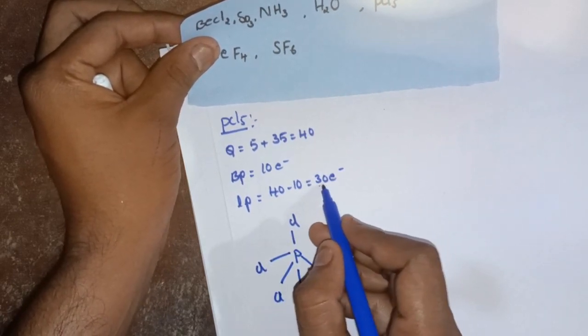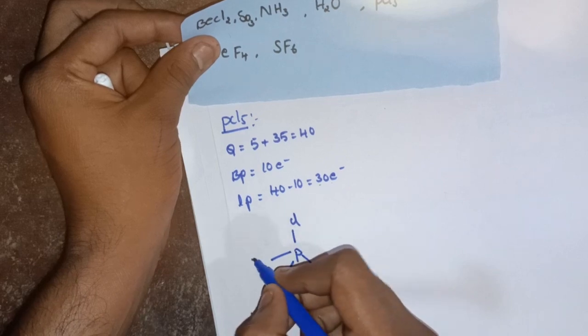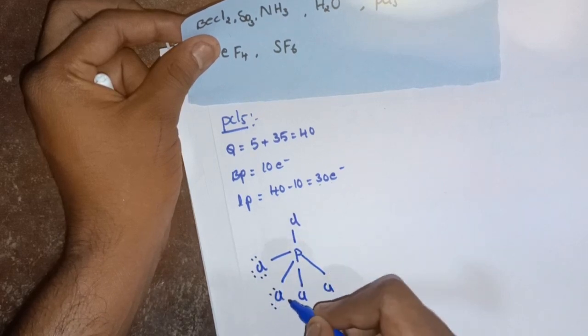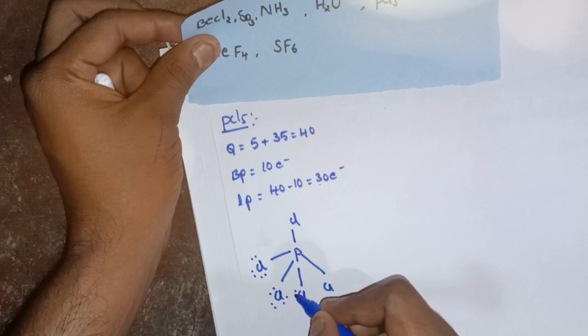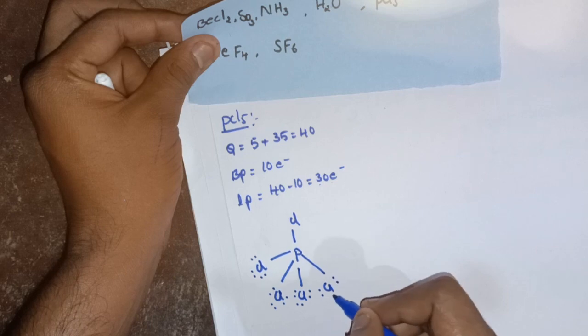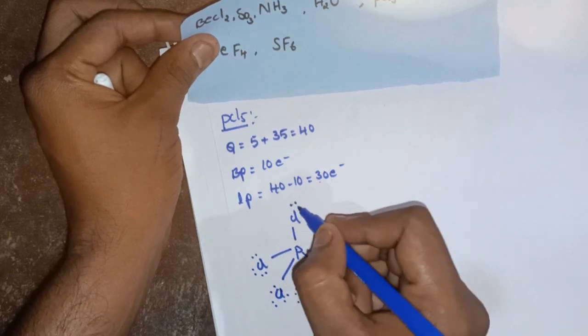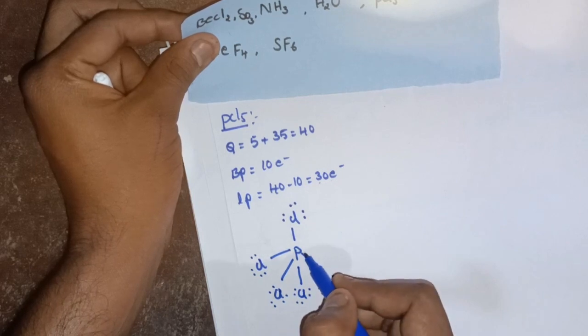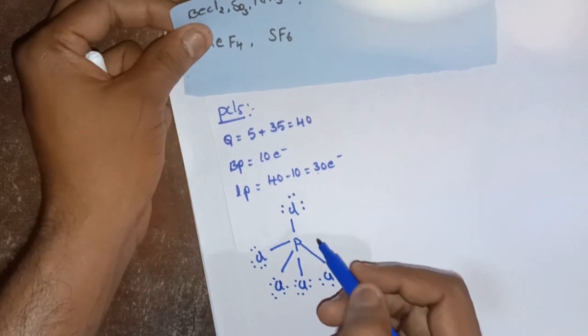Let's fill the 30 electrons on the atoms. 2, 4, 6, 8, 10, 12, 14, 16, 18, 20, 22, 24, 26, 28, 30. Here also there are no lone pairs on the central atom.